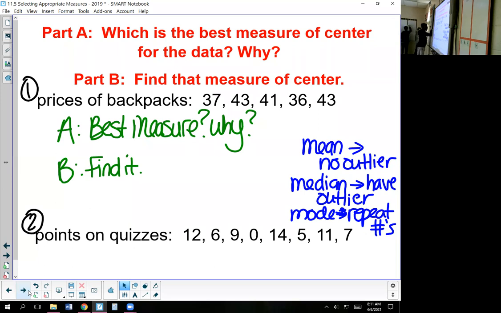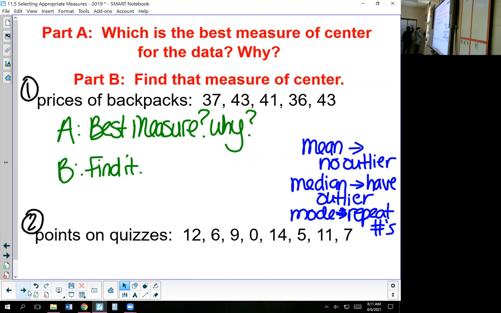First one should be easy. Which one's the best measure based off of your numbers and why? And then find it. Which one's the best to choose?